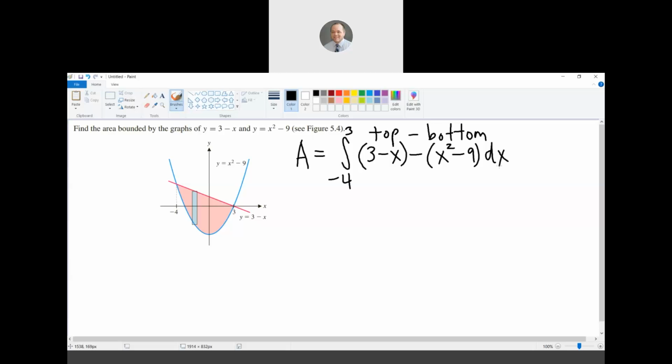Now, before we integrate, we must take that negative sign in the middle and distribute it in the second parentheses. So that would be 3 minus x minus x squared plus 9. And we can actually add the numbers together, so that would be negative x squared minus x plus 12. I just put it in descending order, that's all.